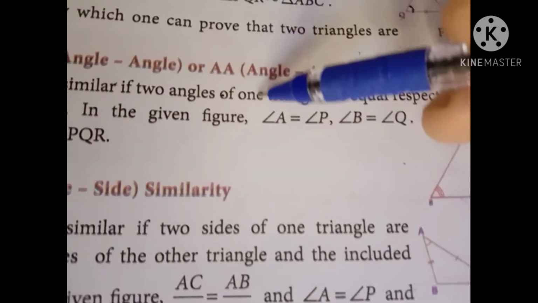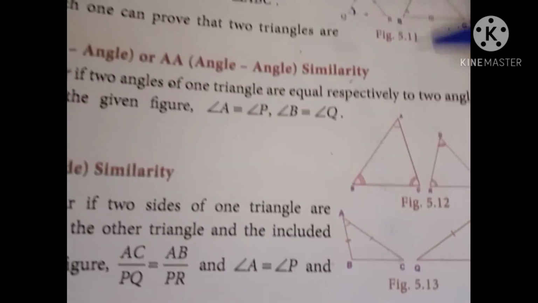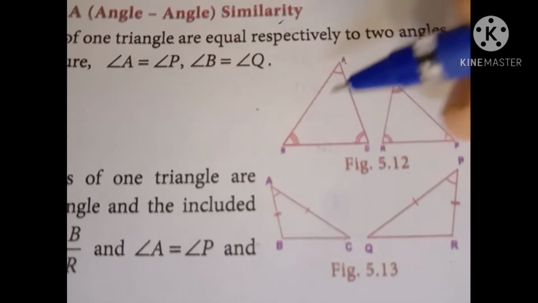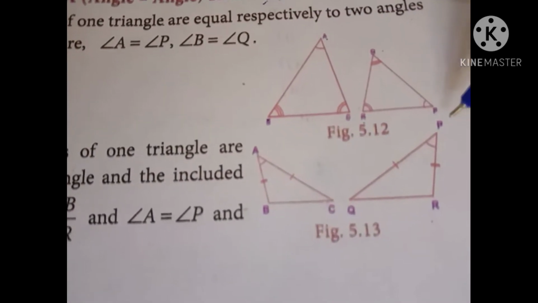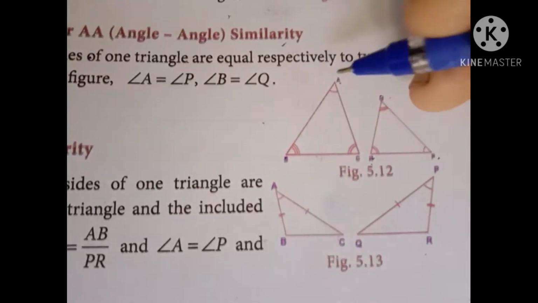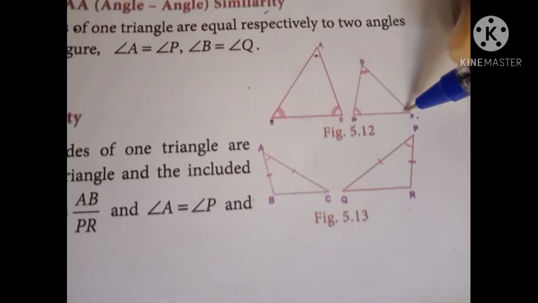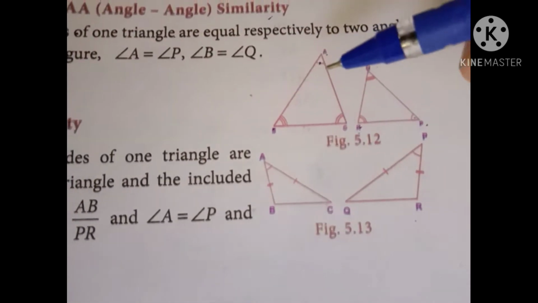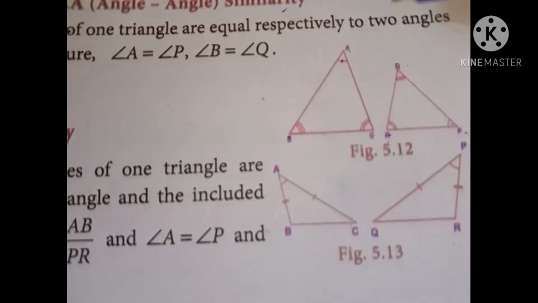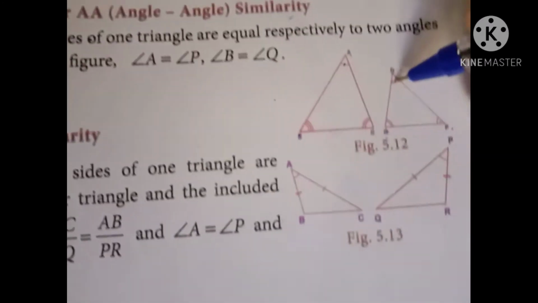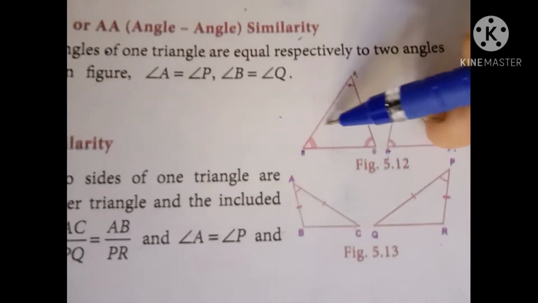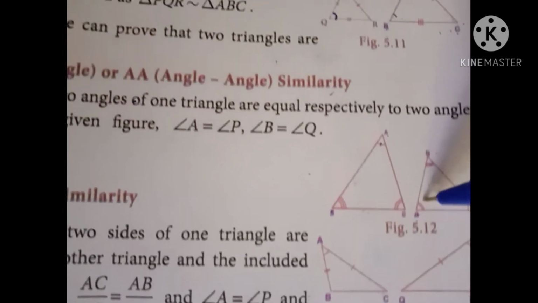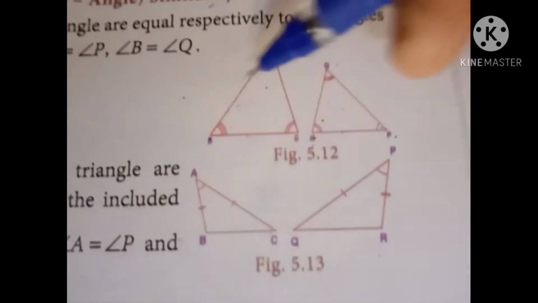If two angles of one triangle are equal respectively to two angles of the other triangle, so if you see triangle ABC and triangle PQR, angle A is equal to angle P and angle B is equal to angle Q. Therefore, you can say these are similar triangles. If two angles are equal, the third angle is also equal.